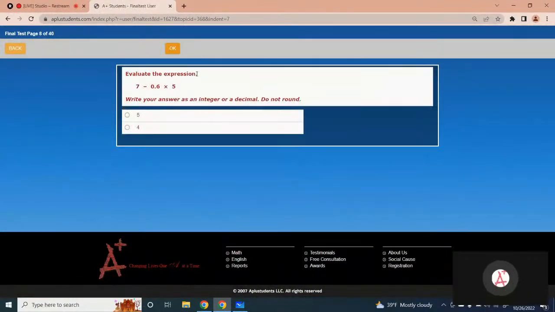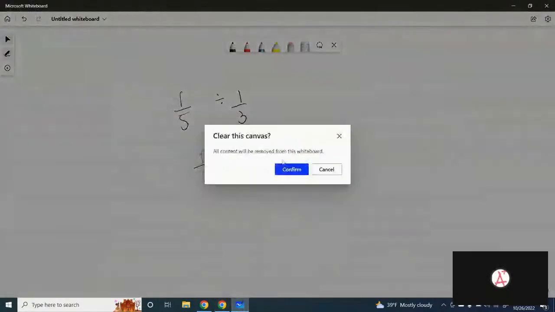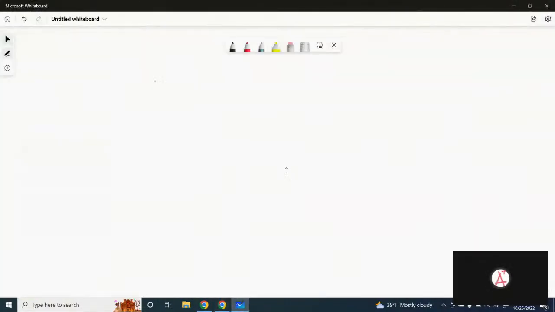Okay, evaluate. 7 subtract 0.6 times 5. So which operation do we have to perform first, multiplication or subtraction? You need to do multiplication first.